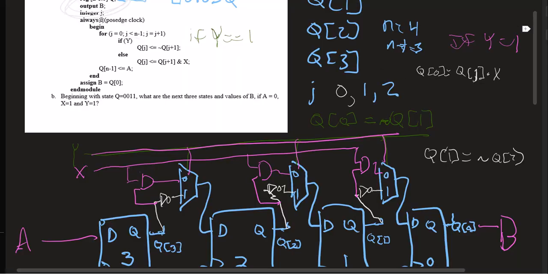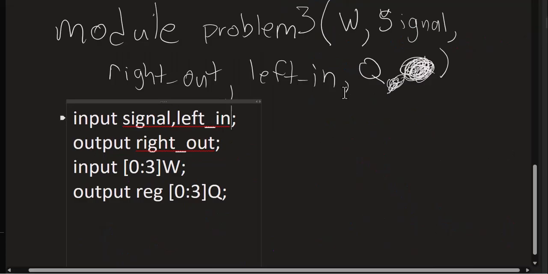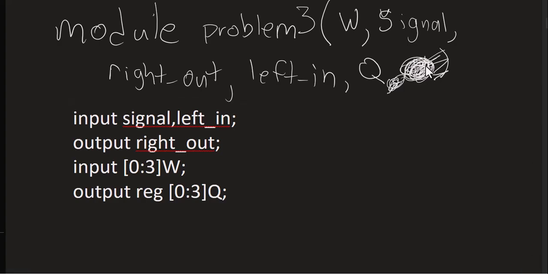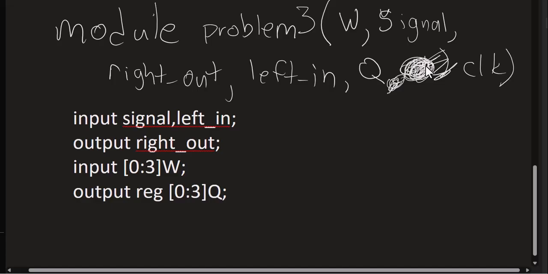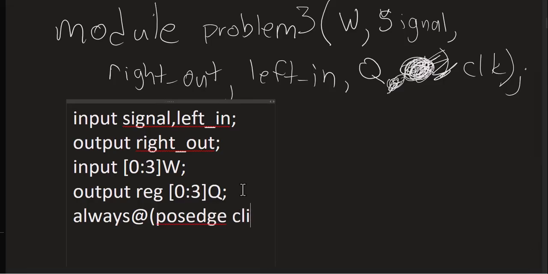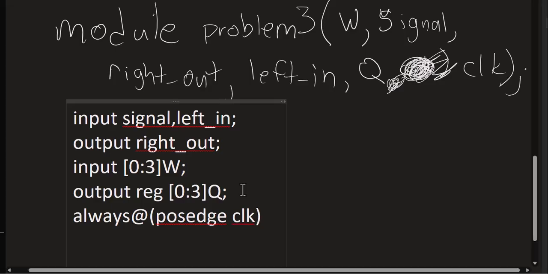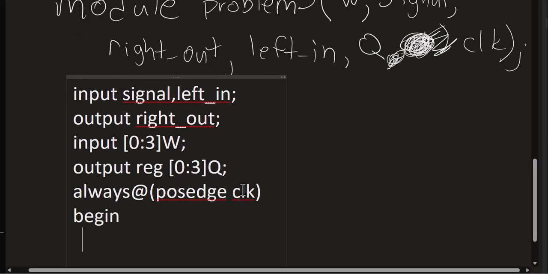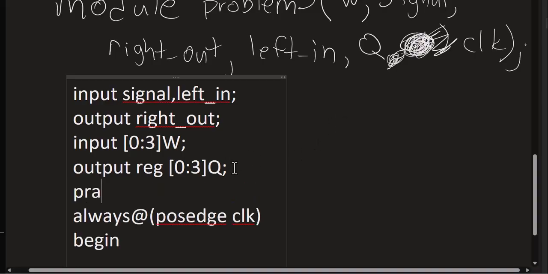Oh, we do want the clock. Clock. Always at posedge clock. Begin. So let's see, we've got 4 flip-flops, so I'll put parameter, I'll just use the number 4.